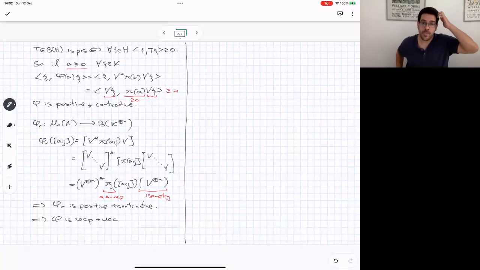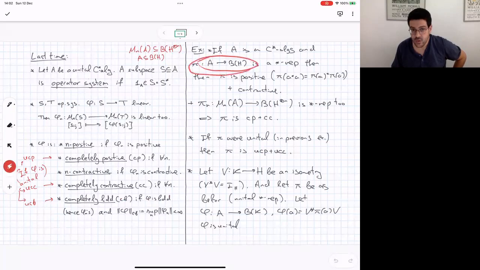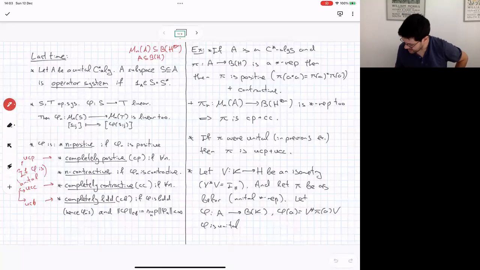Okay, so we took, going to the previous page just to give another explanation, a representation pi. We took an isometry of another Hilbert space K into H. You can think about VK as sitting inside H, right?